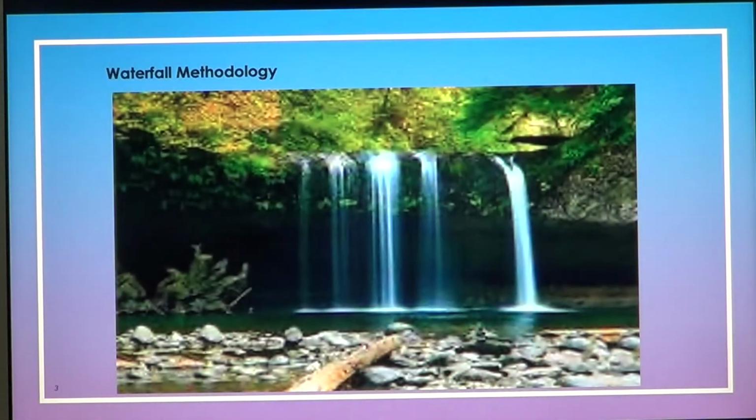This diagram is showing the waterfall model. What does it mean? Water is flowing from top to bottom and it will not return back to the top. This is not possible. So the waterfall model is very similar to this diagram.